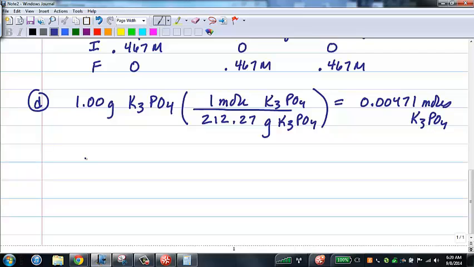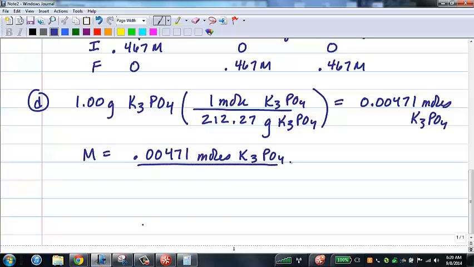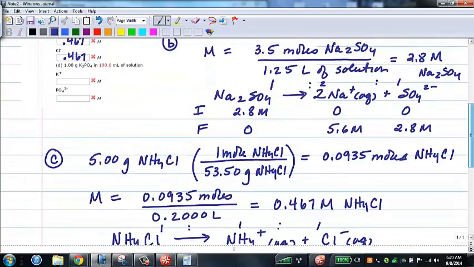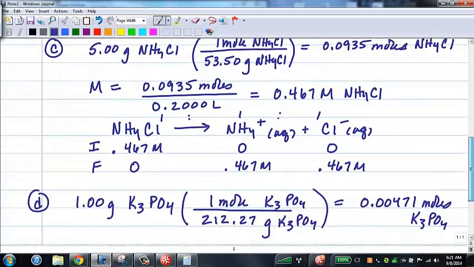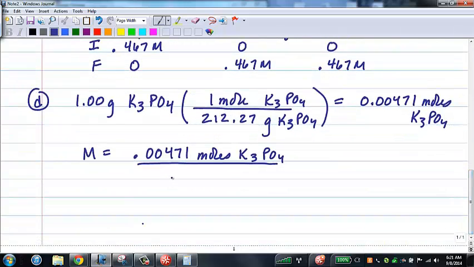To find the molarity, I have to take those moles, 0.00471, and divide by the volume of the solution. The volume of the solution in this case, I believe, was 100 mLs. But I need to change that to liters, so I'll divide that by 1,000, so 0.1 liters.